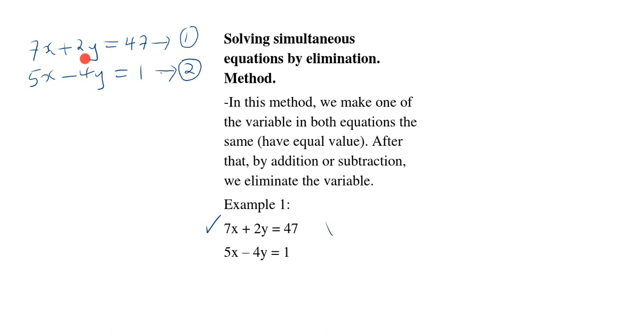So in short, in this case, we want to make these values maybe 4 here and 4 here. So for equation 2, we can just say multiply by 1 because that one will remain to be 4. And in equation 1, we multiply by 2 because our aim is to make y have the same value, which is 4.